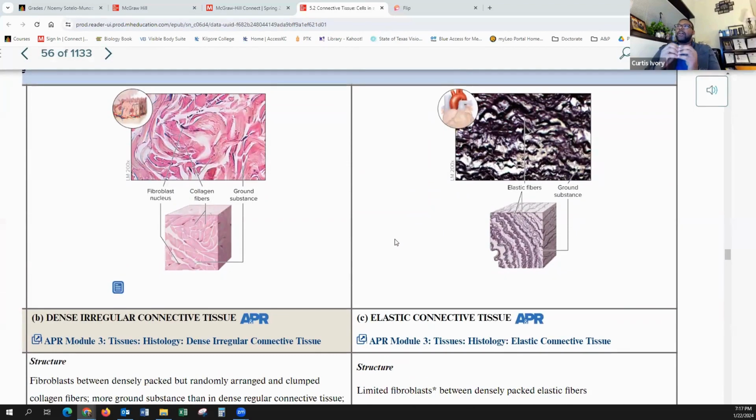Our arteries are constantly being pumped full of blood, so they have to be able to stretch. You have to have some elasticity in there. If you didn't have elastic in there, it would make it very difficult to pump blood through, and it would also raise your blood pressure. So if you're a smoker, it actually reduces the elasticity of this tissue in your arteries.